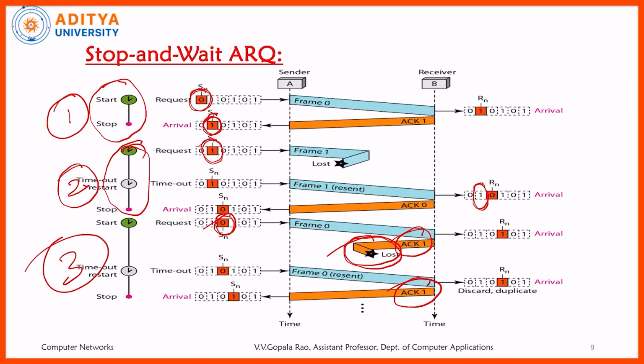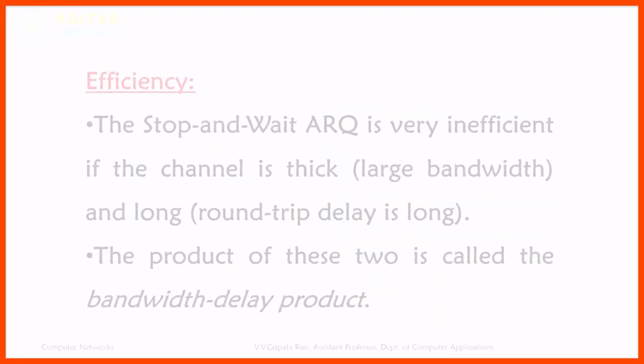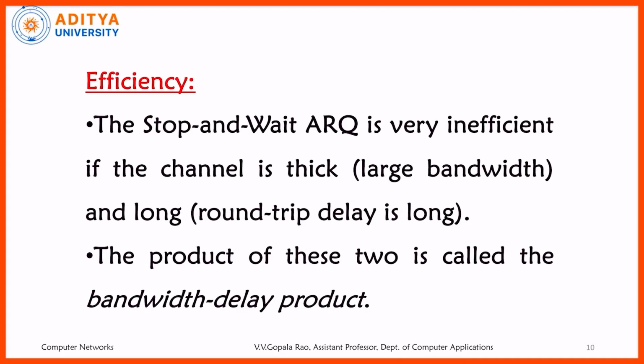Once this procedure is carried out properly, you can say that the flow can be controlled as well as the errors. But of course, this is not very efficient. Suppose the channel has a very huge capacity for sending frames, but the round trip delay is there.